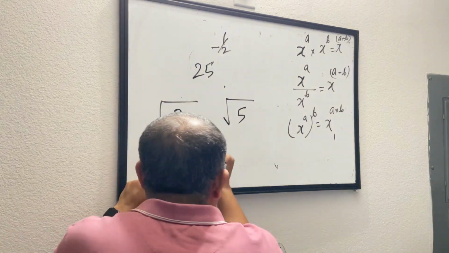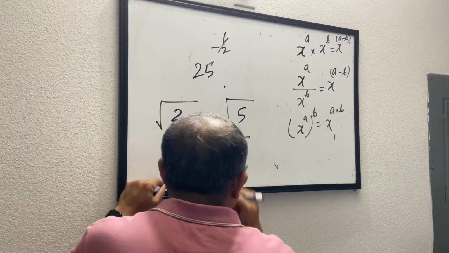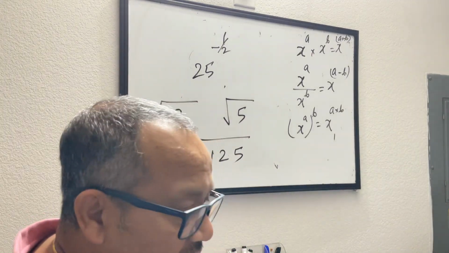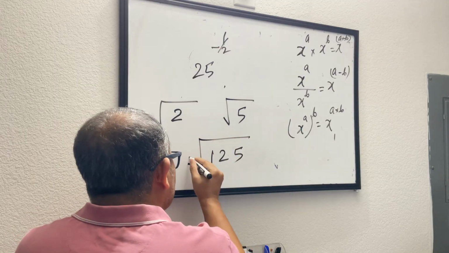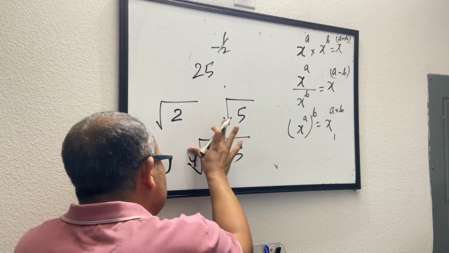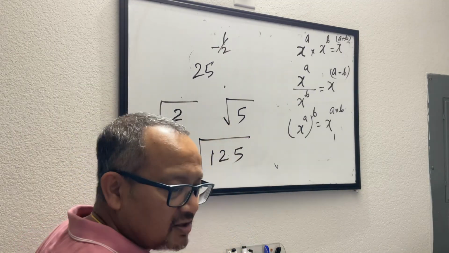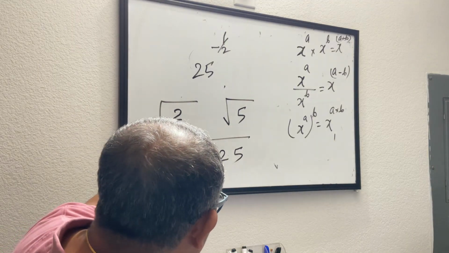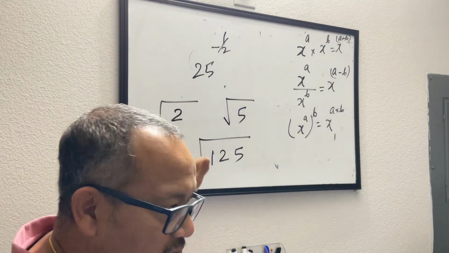If you remember, you will see that there are some numbers written like this with a 3 here, that is cube root. With a 4 here, that is a fourth root. There is a 6 here, that is a sixth root. Okay? So, if there is nothing here, we are talking about square root only.